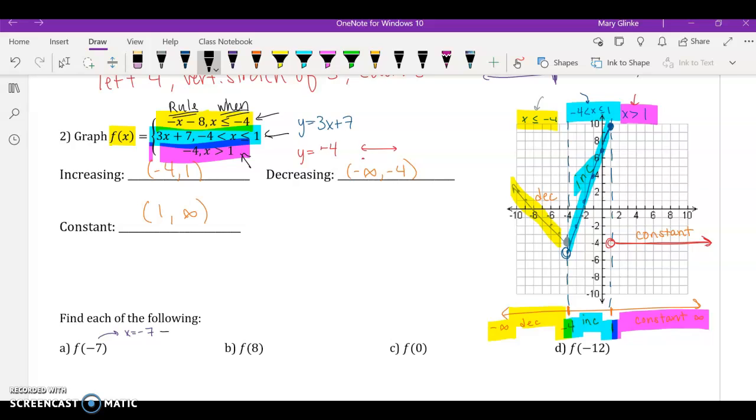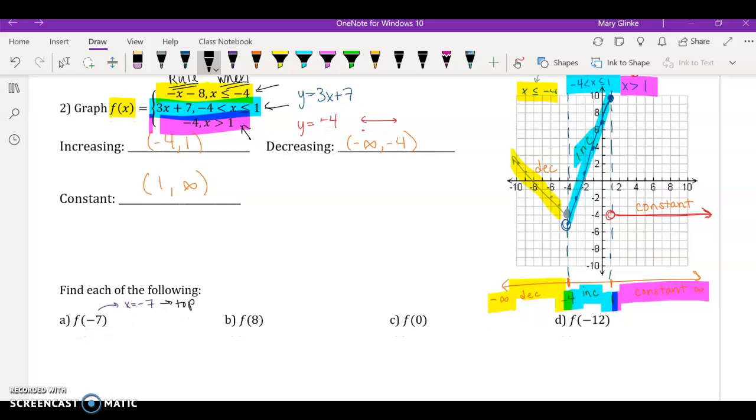So this is saying use the top equation. We're going to do -x minus 8, but plug -7 in for x. When we do that, we end up getting +7 minus 8. So overall, when x is -7, y is -1.